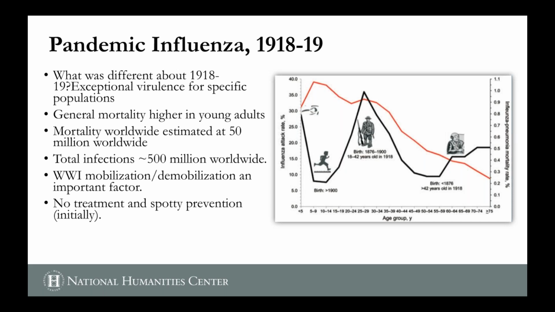In 1918-1919, we saw a W-shaped curve, which had this uncharacteristic peak of mortality for people in the prime of life, in their 20s and 30s. So we saw generally higher mortality than you would have anticipated in young adults, an exceptional virulence of this particular strain for particular populations.